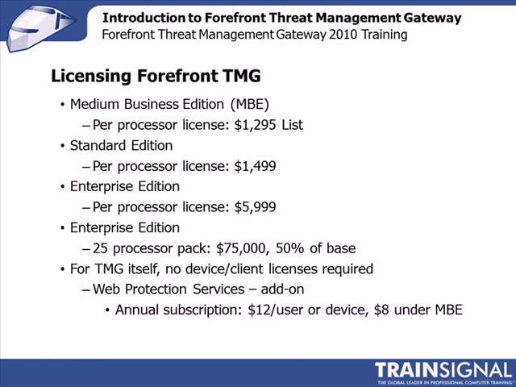So if you plan to install TMG on 10 servers and each server has 2 processors, you have to buy 20 processor licenses in order to make this happen. Or you can buy a 25 processor pack for $75,000, which is about 50% of the base price of the product. Due to this per processor licensing model carried by TMG, there are no device or client licenses required.